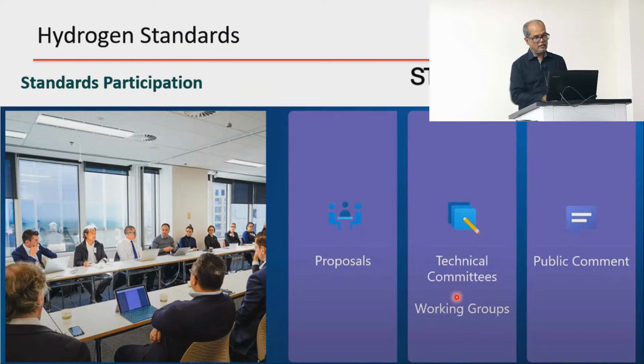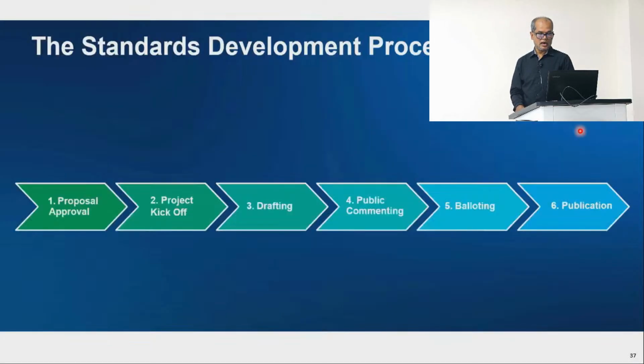As I said, they have regular meetings with different bodies. They develop different proposals and standards. They have technical working committees, and they also regularly ask for public comment. So when they have released something, they ask for comment from different bodies to improve their standard.